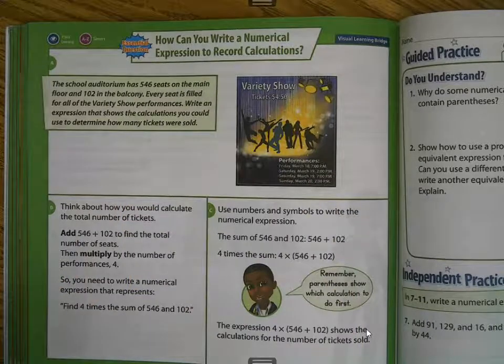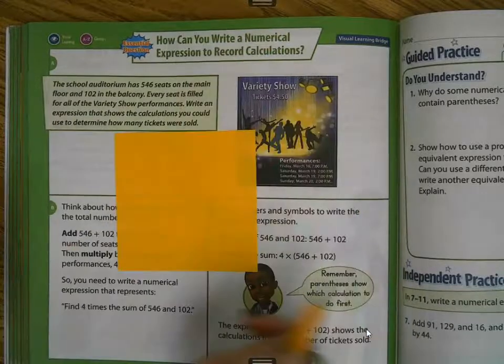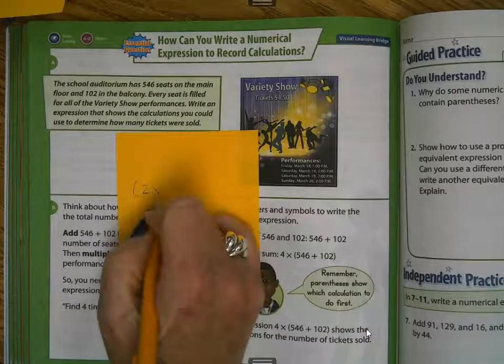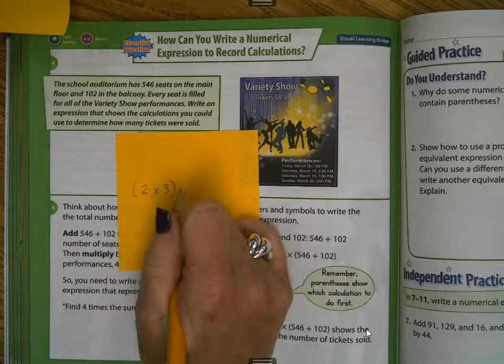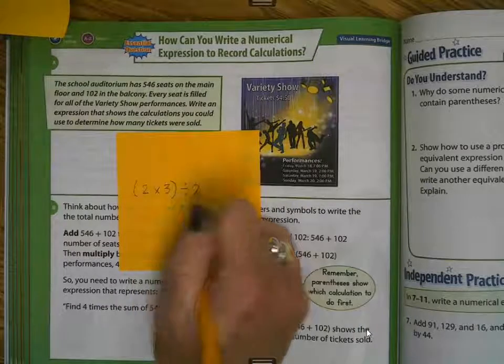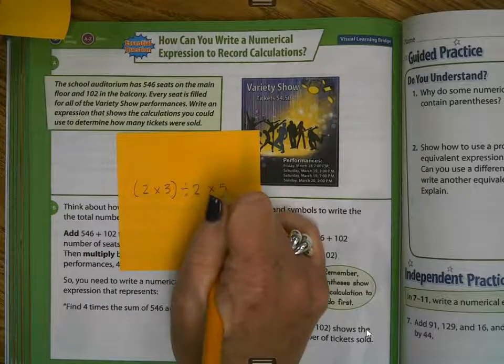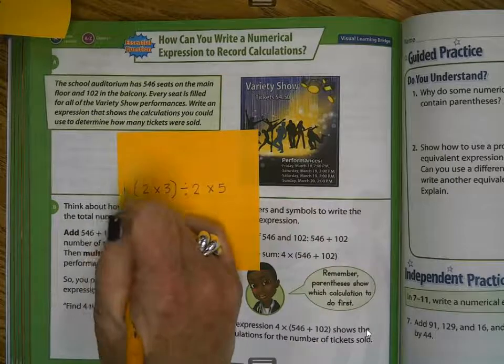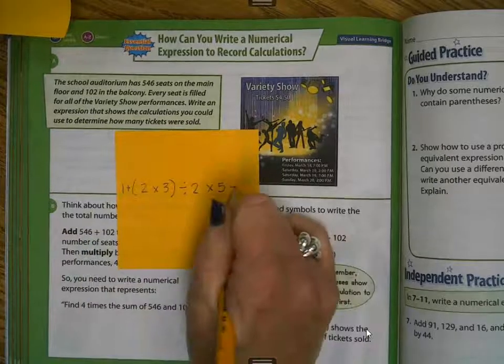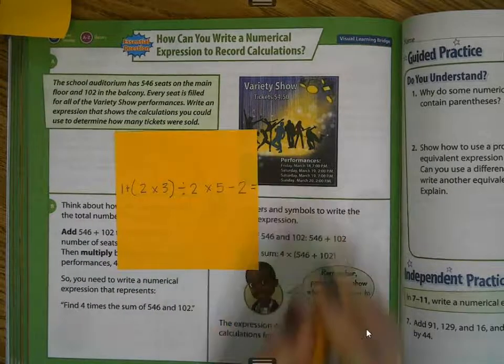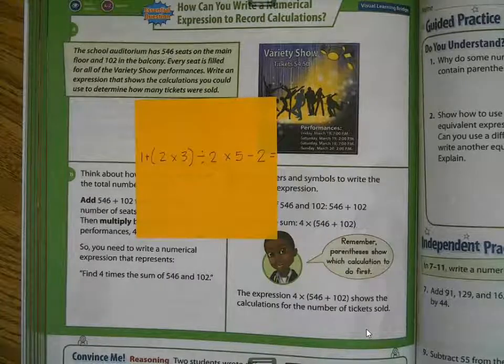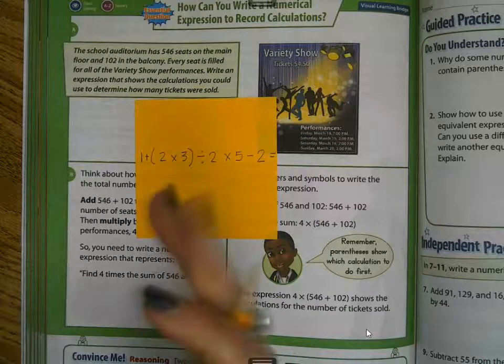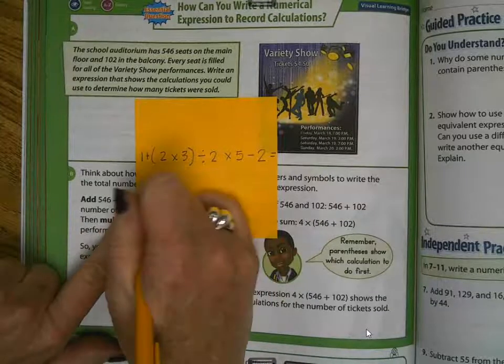So let me do one more that would have those steps incorporated in it. So why don't we just take this problem. There we go. All right, added to it. So we're going to start with the grouping symbols. The only grouping symbols we have is 2 times 3.